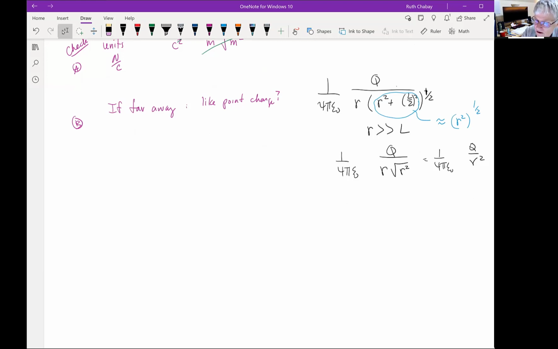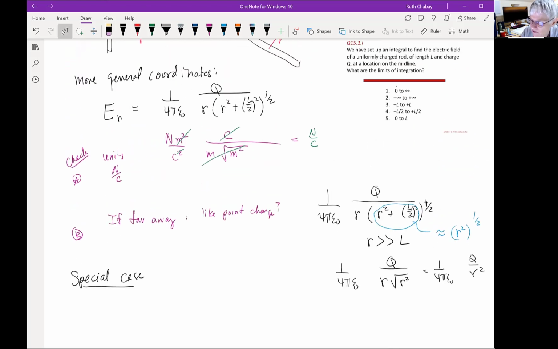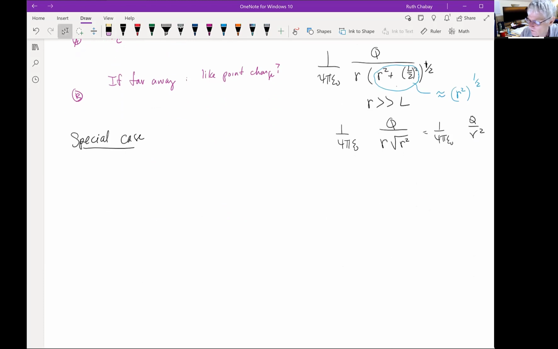Now, there's a special case. We said we wanted a distance dependence, but this is kind of a messy distance dependence here. But let's take a special case. When we're far away, it looks like a point charge, okay? If we're very close, it's the opposite case. So R is actually smaller than L. We're really close to the rod, like you're standing by a flagpole and you're looking up at it.